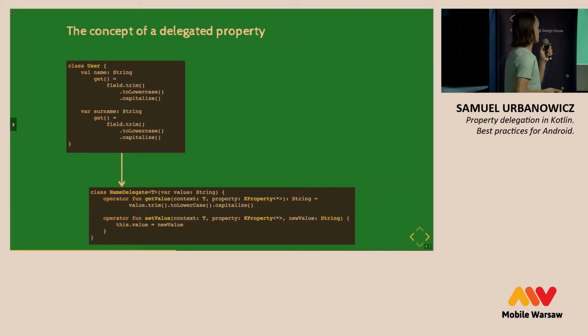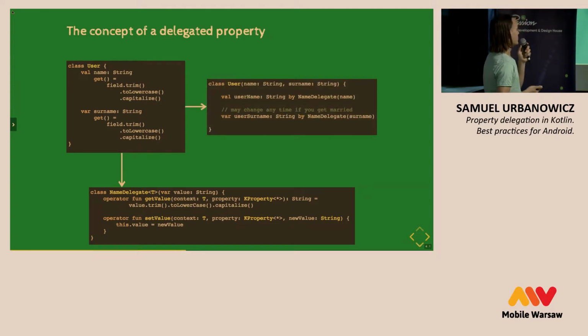Let's take a look at what this class should contain. It should contain two functions called getValue and setValue with the proper set of arguments, and this is it when it comes to satisfying the compiler, so that it knows that we can delegate our properties to an external object.